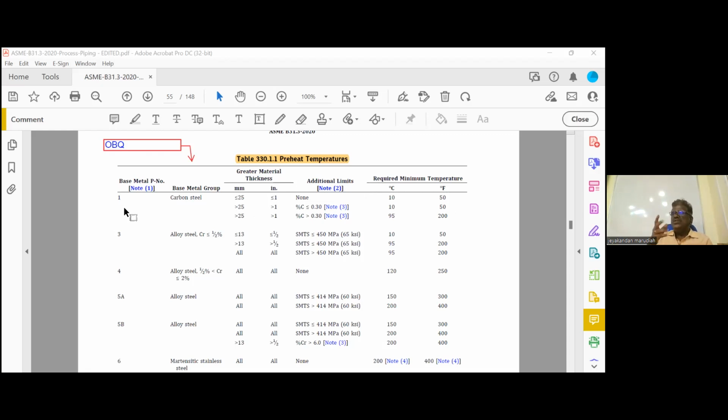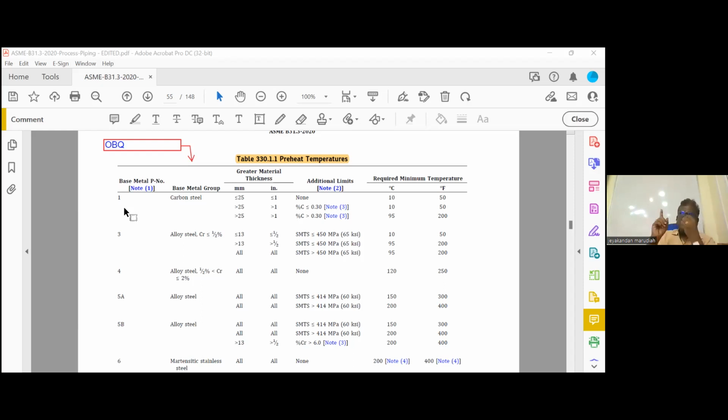Please understand this, even though generally they are not asked. One is the thickness, second one is the carbon percentage. If the thickness is more than 1 inch and the carbon percentage is also more than 0.3, then you have to preheat to 200 degrees Fahrenheit. If both conditions are met, 200.